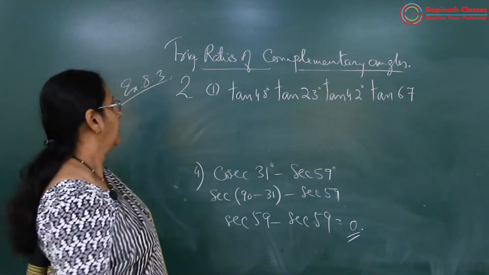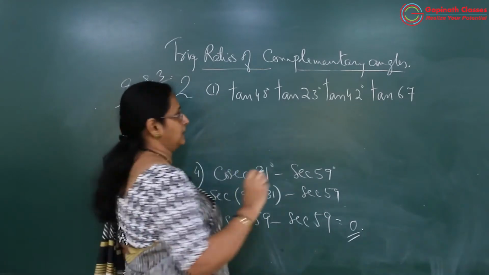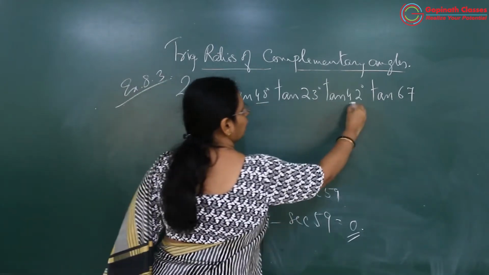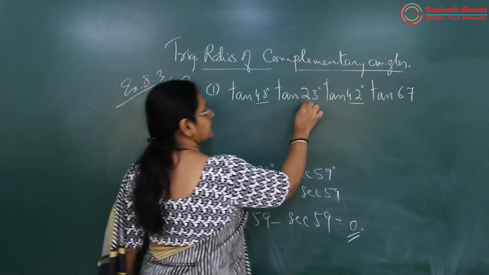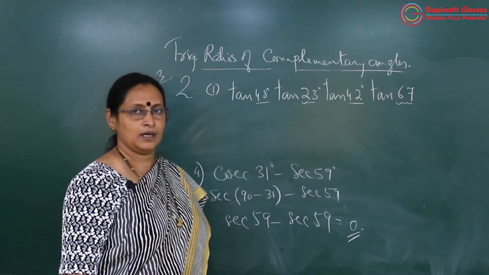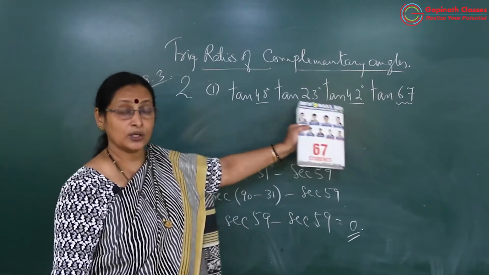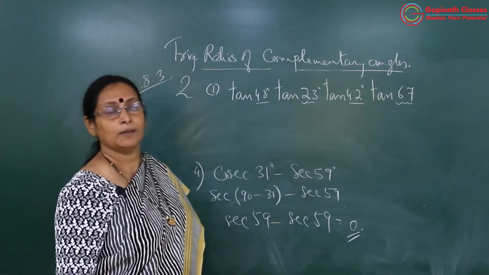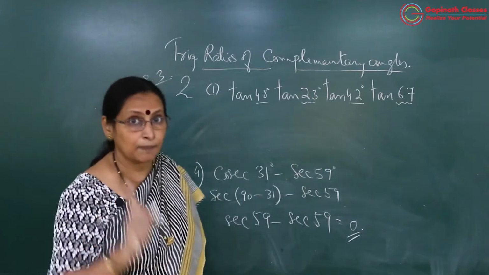Let's identify the complementary pairs. We can clearly see 48 and 42 are complementary pairs. 23 and 67 are complementary pairs. Now, one is tan and the other is also tan. So, let's make one tan into cot, because tan and cot are complementary, and also reciprocal.